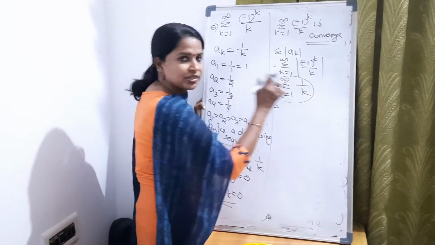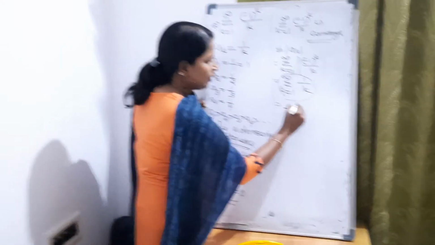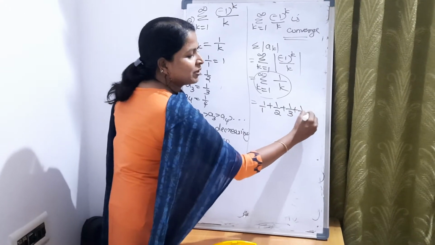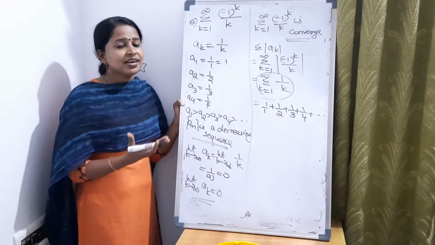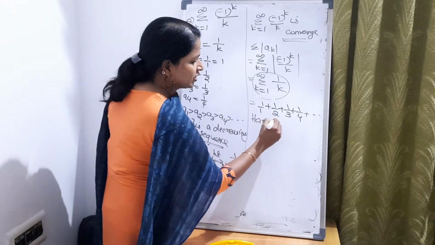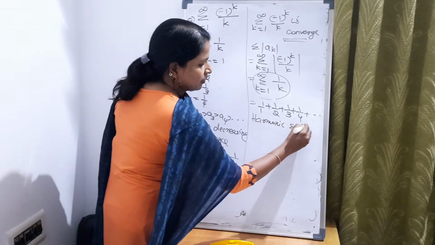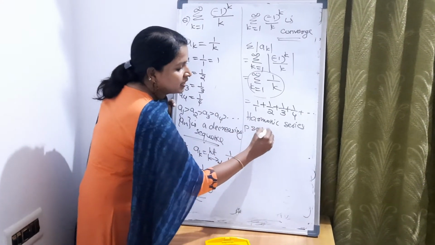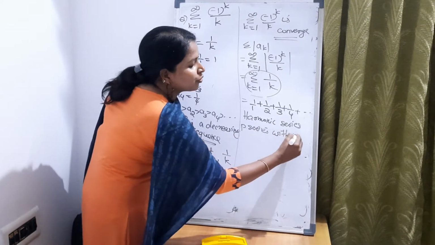The expansion of the series is 1 by 1 plus 1 by 2 plus 1 by 3 plus 1 by 4 plus etc., which is a harmonic series, or a p-series with p equal to 1.